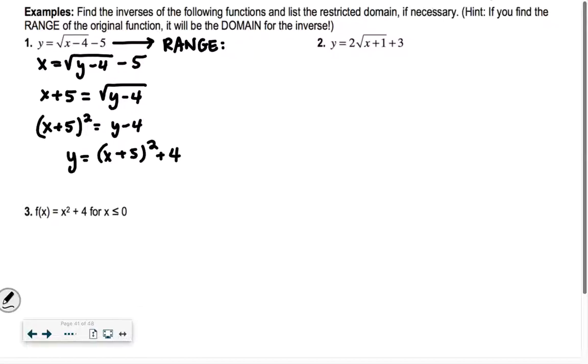So what's the smallest thing that I can get here? 0. Minus 5? Negative 5. Does that make sense? So basically, because of this square root, the smallest that I can have there is 0. And then I have the minus 5. So my range is everything from -5 on, -5 to infinity. So our restricted domain then, same thing.